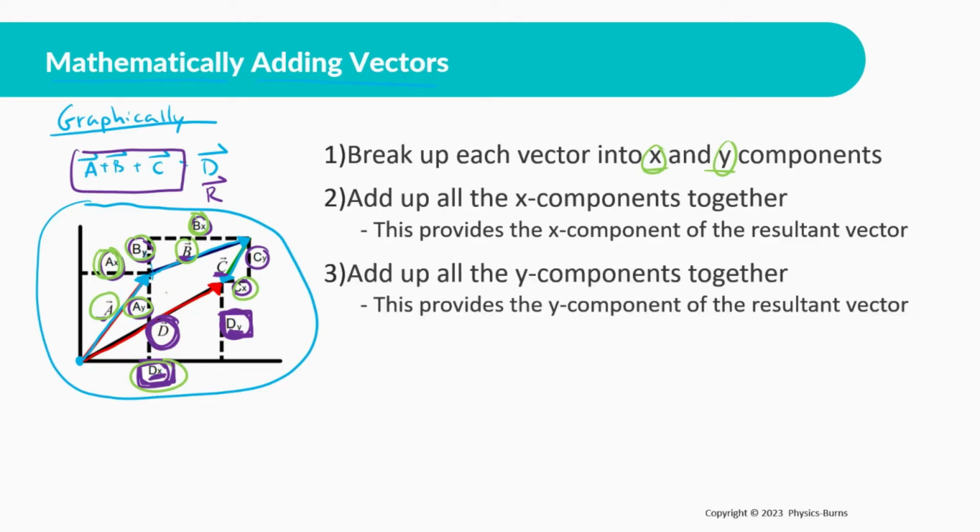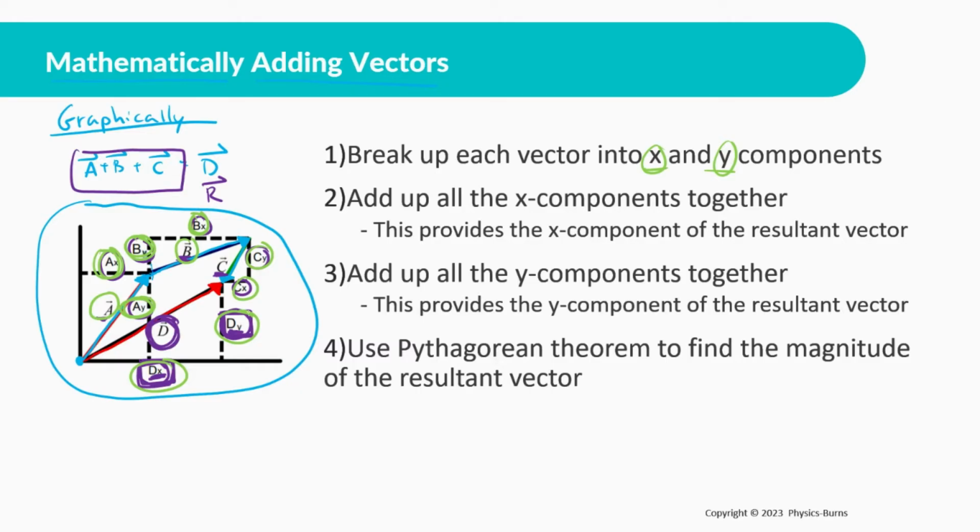Add up all the y components. Same thing in the y: once we have the components Ay, By, Cy, we can find what the resultant vector is in the y direction. Then we use the Pythagorean theorem to find the magnitude of the resultant vector. When we know the resultant in the x and the resultant in the y, now we can make this triangle here.